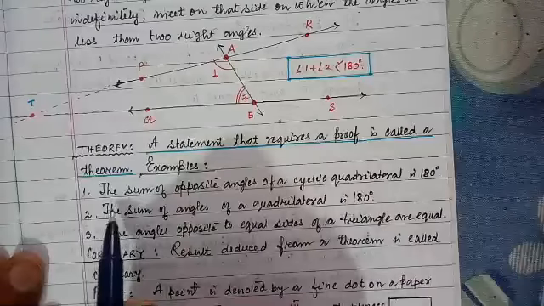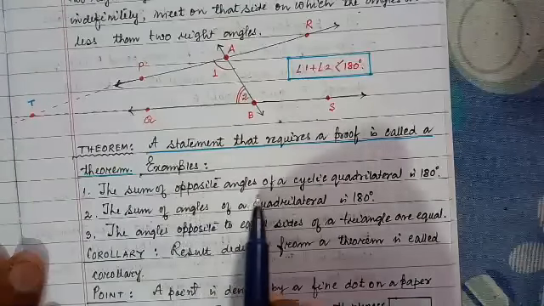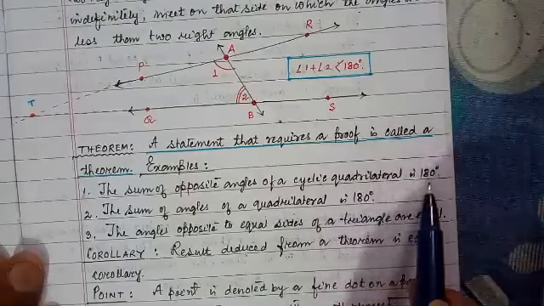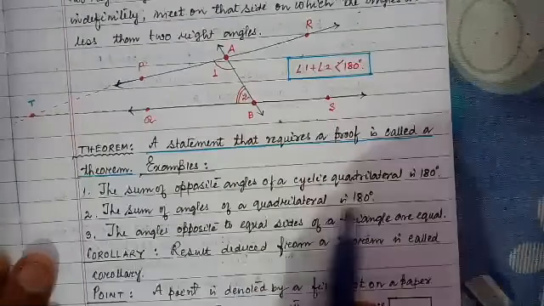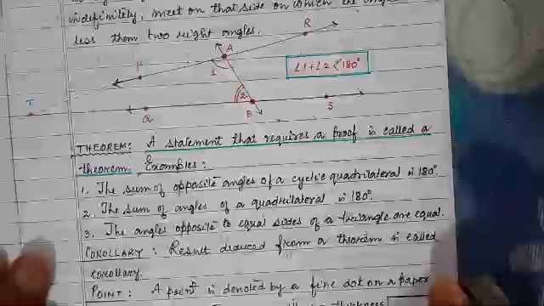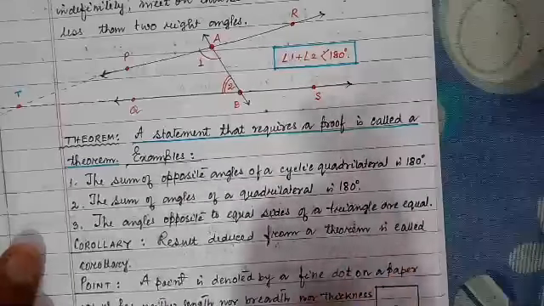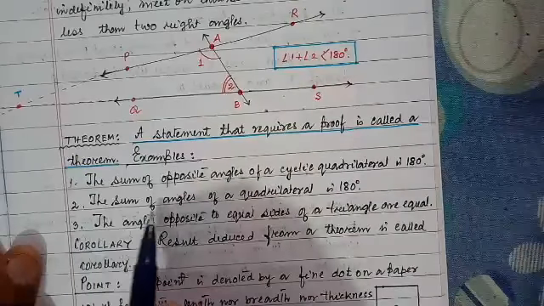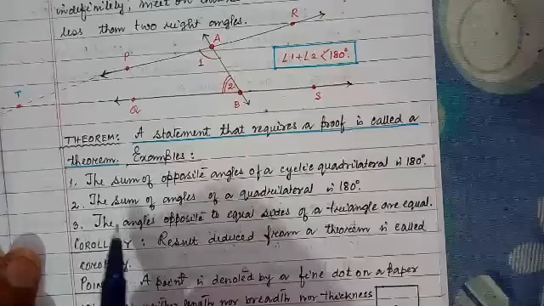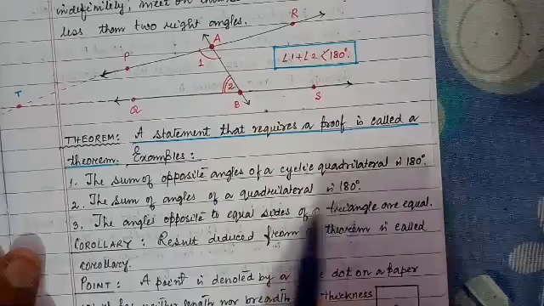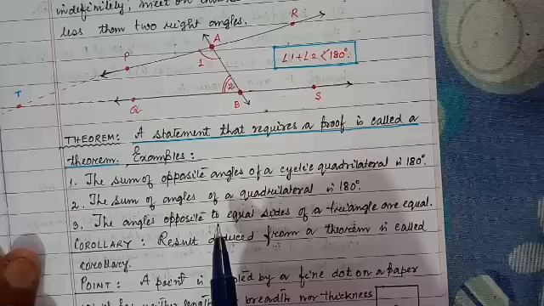Example: the sum of opposite angles of a cyclic quadrilateral is 180 degrees. This is a theorem, and we have to prove this one. Similarly, the sum of angles of a quadrilateral is 360 degrees. This is also a theorem because we need to prove this one.